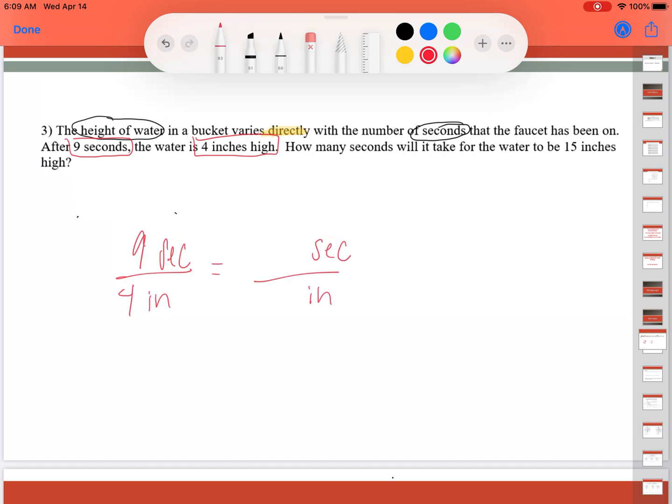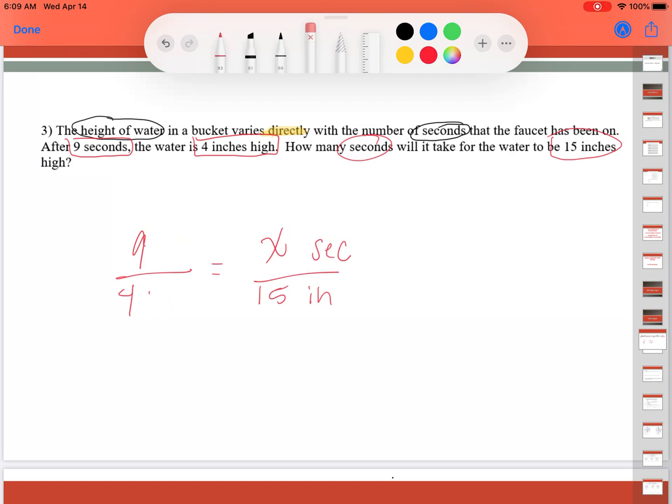So in this one here, 9 seconds over 4 inches equals. Then it says, how many seconds will it take for the water to be 15 inches? Well, inches are on the bottom, so I have to put 15 on the bottom. How many seconds? I don't know, so I put an x there.